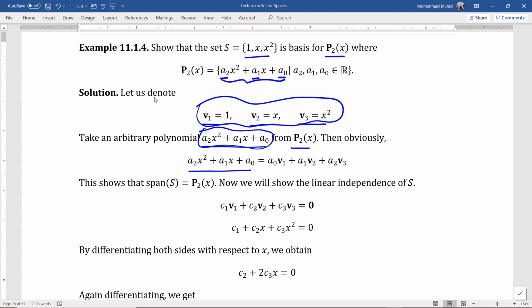For example, if we have a polynomial negative 2x squared plus 4x minus 5 from the vector space P sub 2, then it can also be written as negative 5 times v sub 1 plus 4 times v sub 2 plus negative 2 times v sub 3.